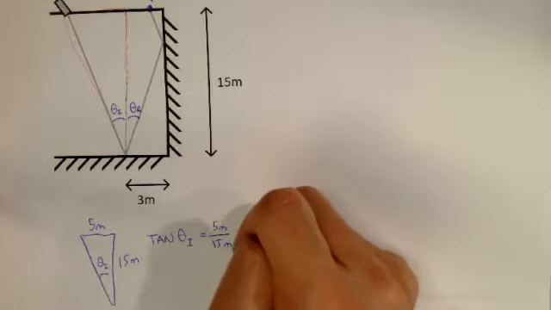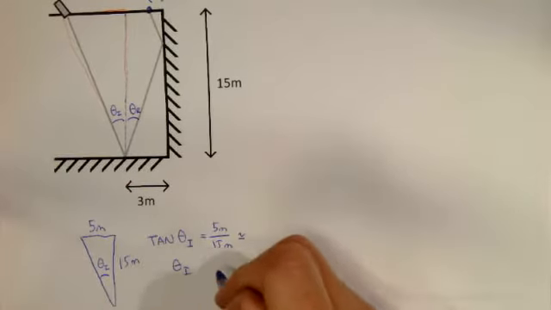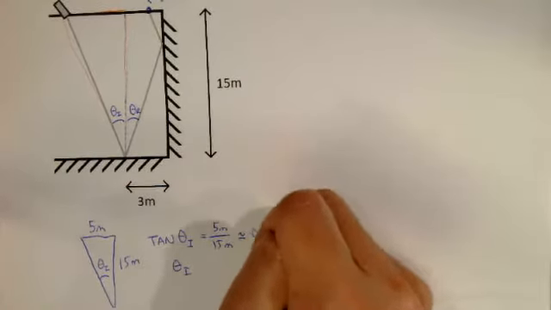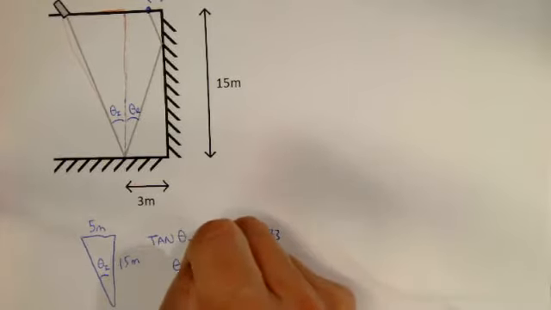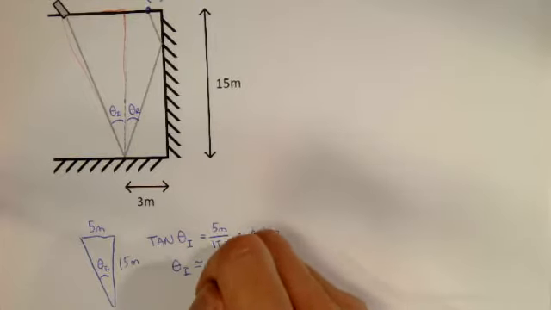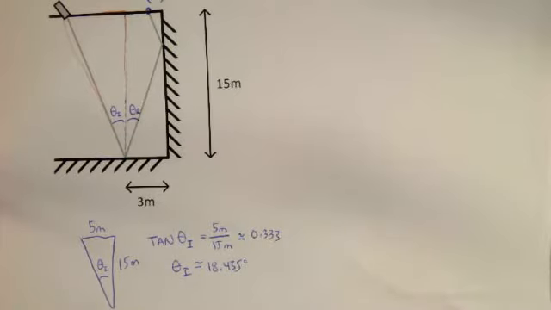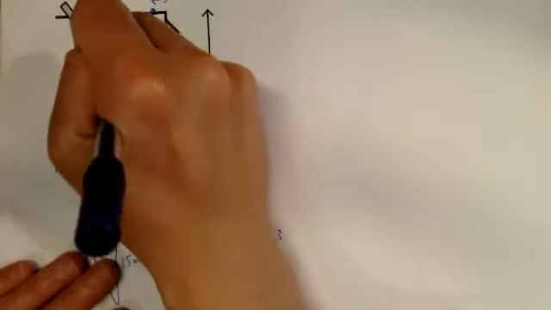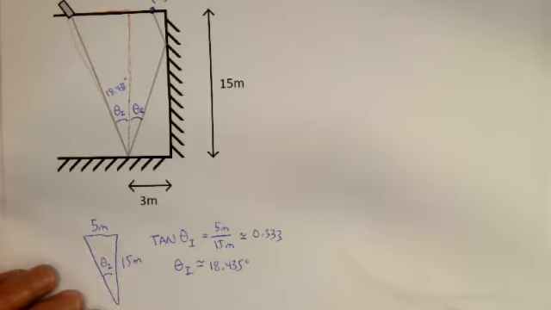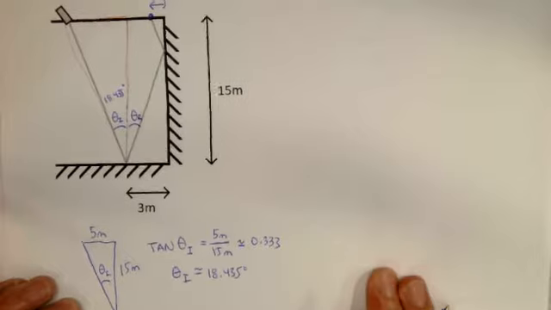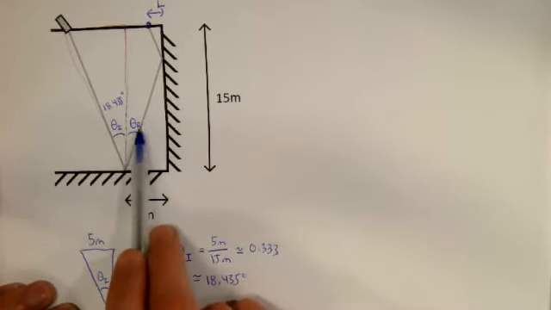Oh, that's not fair. Theta I is roughly 1/3, right? But that tells us that theta I is roughly 18.435 degrees. Oh, that's not terrible. But that means if our law of reflection holds, then theta I is also theta R.